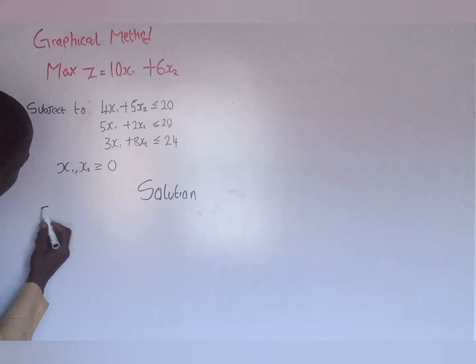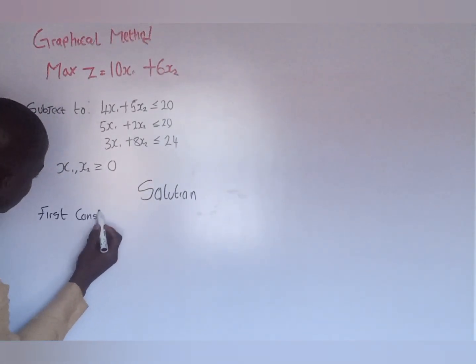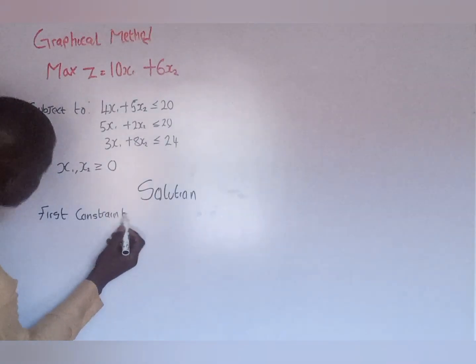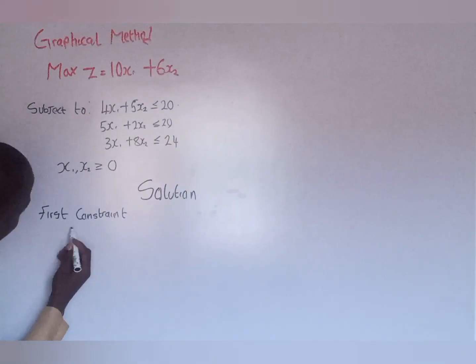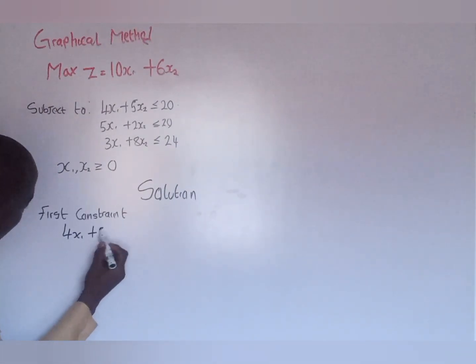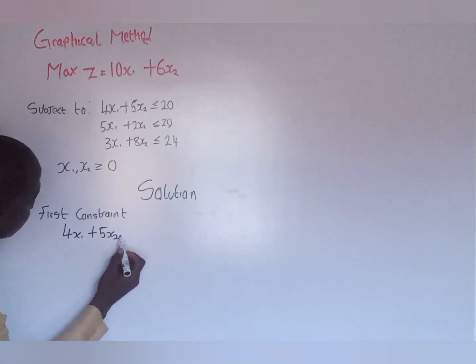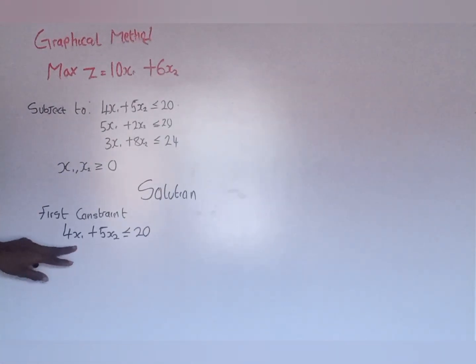For the first constraint, this is the first constraint. Now, 4x1 plus 5x2 is less than or equal to 20. Let us set x1 to 0.